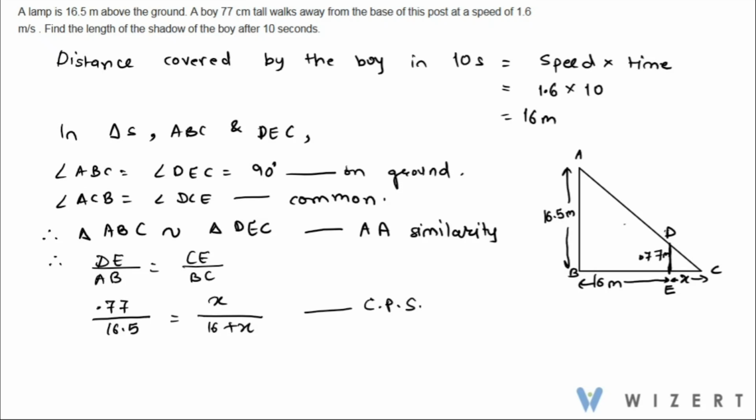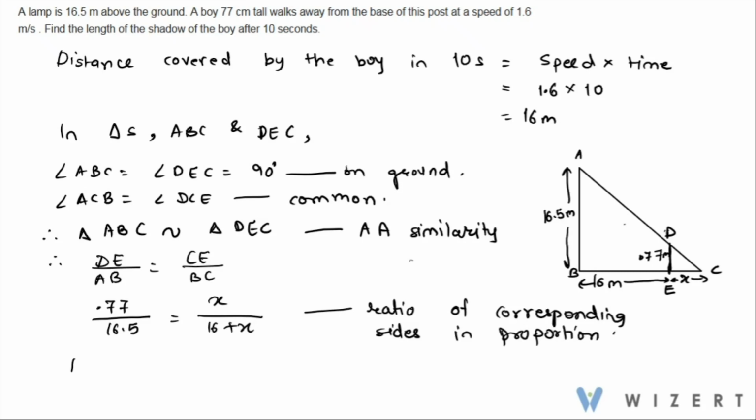Corresponding parts of similar triangles, or we can say ratio of corresponding sides in proportion.